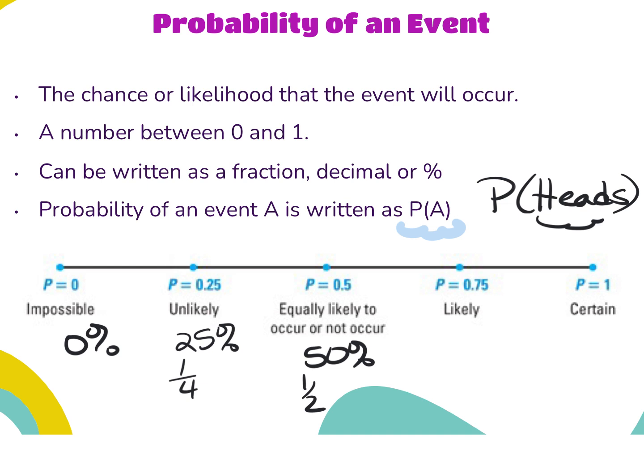Your probabilities are not always going to be in these quarters. They're going to be other numbers, but this shows you a scale where it might happen or might not. Then likely to happen is 0.75, 75%, or 3/4. And certain would be 100%. It's a sure thing.